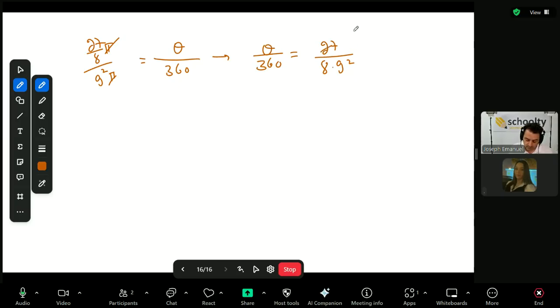The pi's cancel out. So you have here divide by 9, this is 3, and this goes by 1, this is 3.